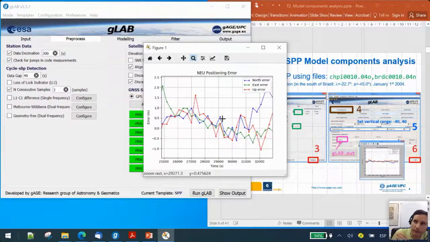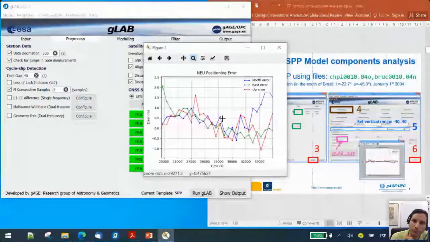And then how can we compute the error? Because this is a permanent station, and we know very precisely the coordinates. When we are in the open field or with a car and we don't have a reference position or a reference trajectory, then it's much more difficult to compute the positioning error.